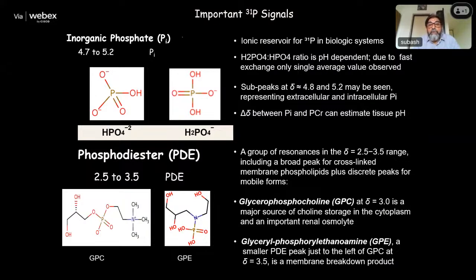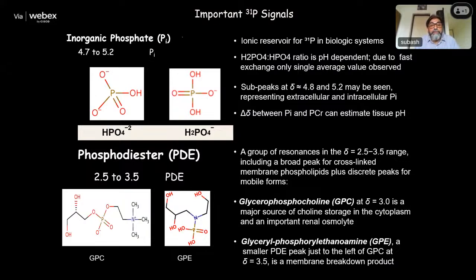You measure an average peak in the spectrum, because these exchange rates are very fast. So when you measure the inorganic phosphate, you get a single peak, and this peak is pH dependent. When there is acidosis in the muscle, there will be a shift in the Pi peak from the PCr, and you can actually calculate the estimated intracellular pH by using this technique.